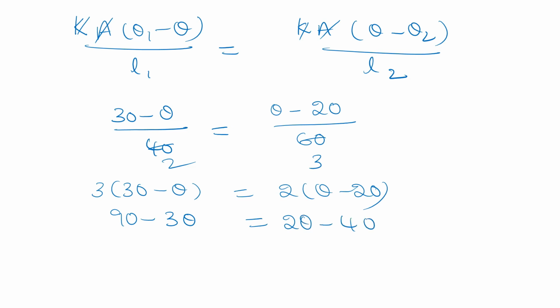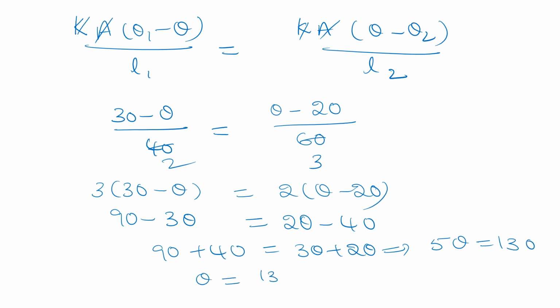So minus 3 theta going this side becomes plus. So 90 plus 40 is equal to 3 theta plus 2 theta. This can be written as 5 theta is equal to 130. So theta is equal to 130 by 5, which is 26 degrees centigrade. So the junction temperature theta is equal to 26 degrees centigrade.